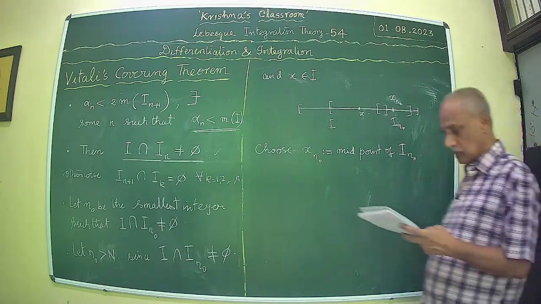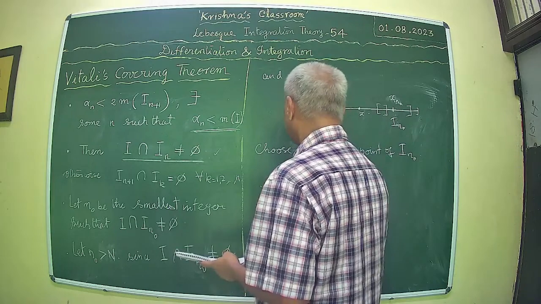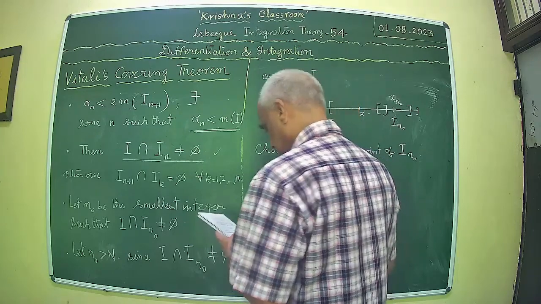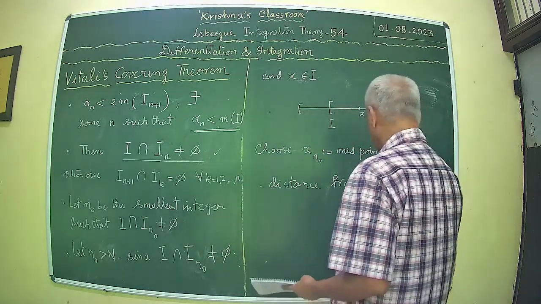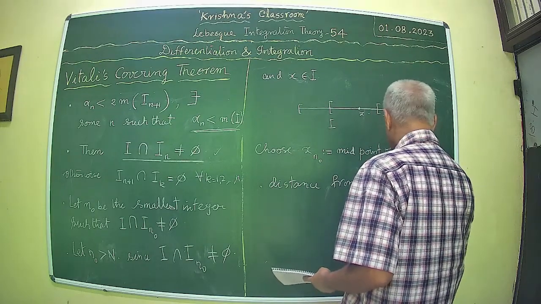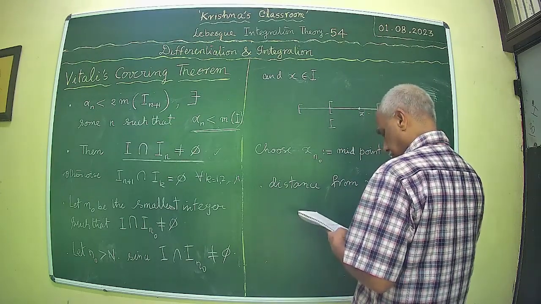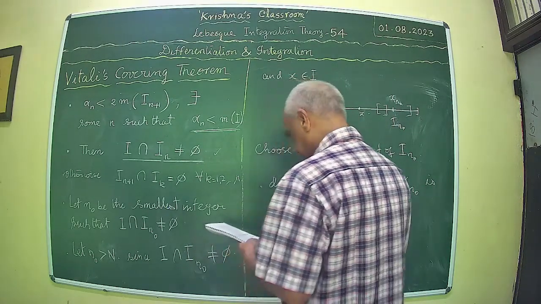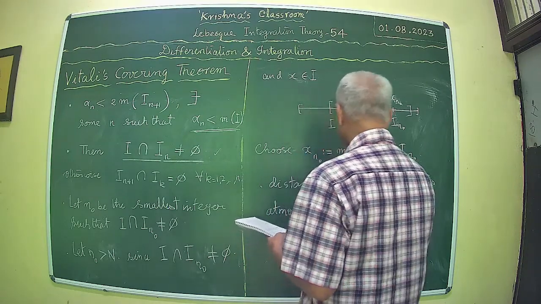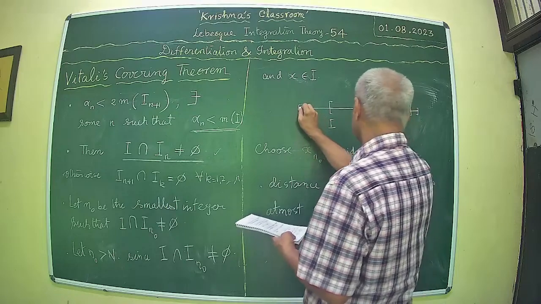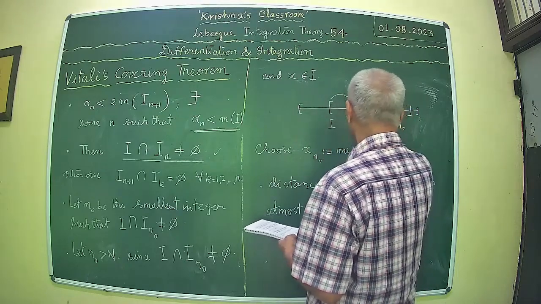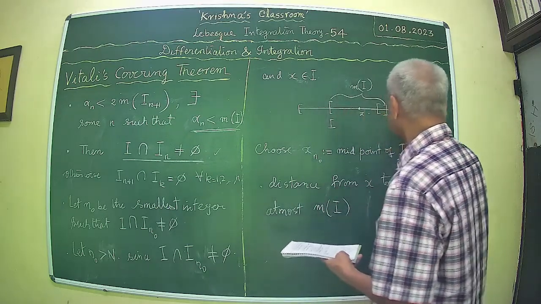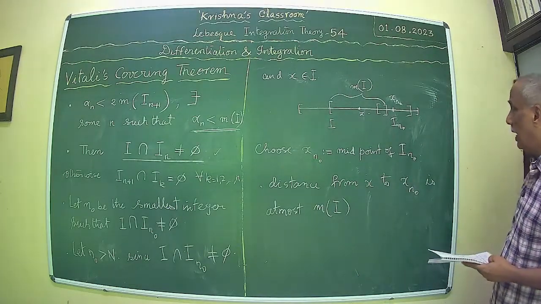Now the distance from x to x_{n naught} is at most the measure of I, that is this one, plus this, which is half the measure of I_{n naught}.